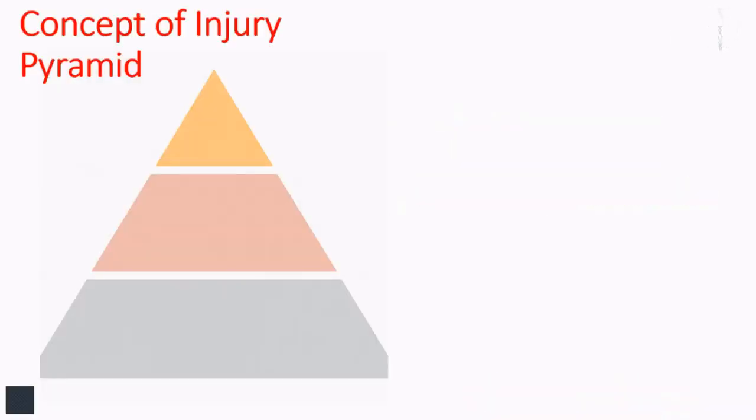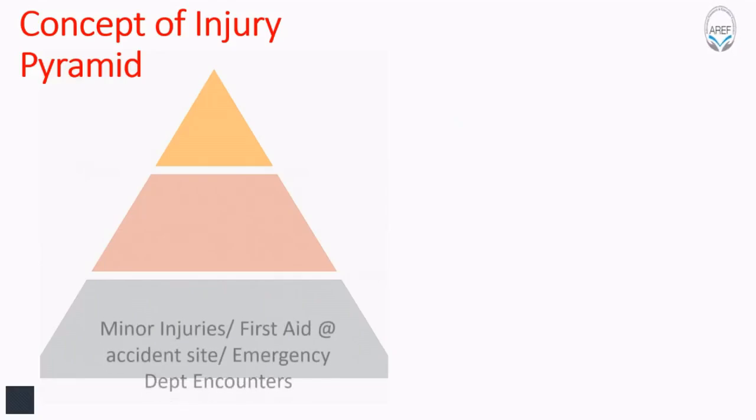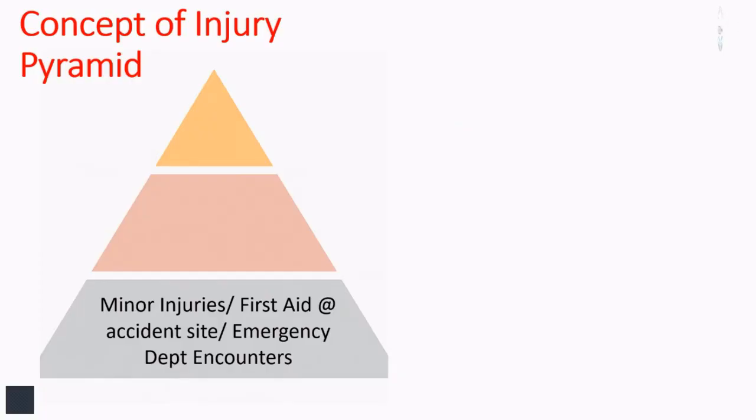Now, if we want to understand the concept, the injury pyramid says that in a given situation or in a given period, if we take all the injuries that happen in that period of time, and then look at the outcome of those injuries, we may find that the majority of cases are minor in nature.